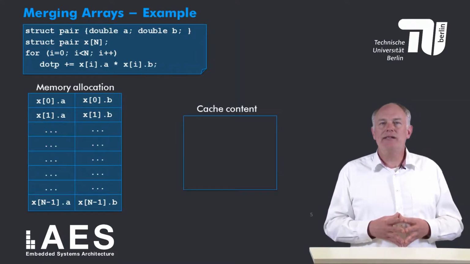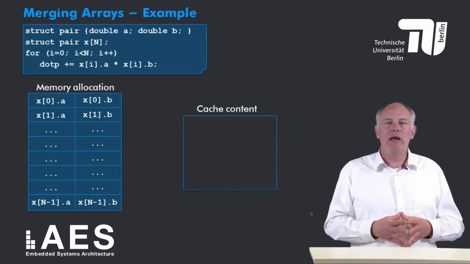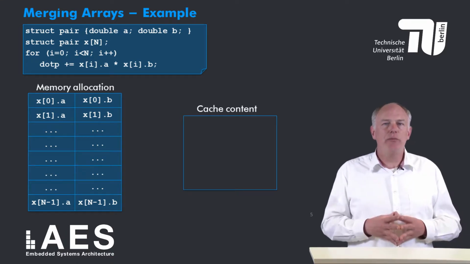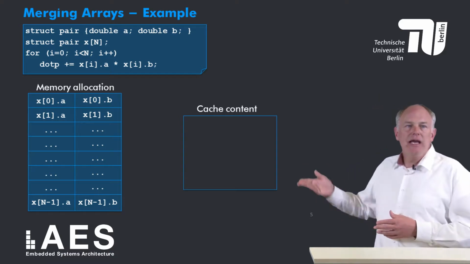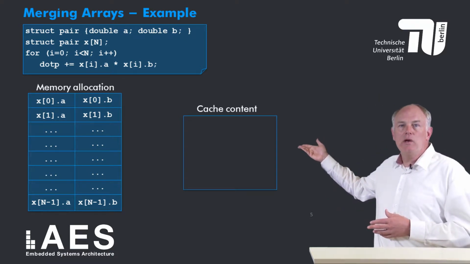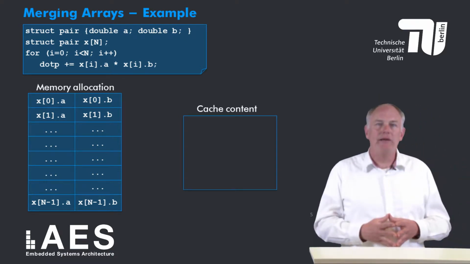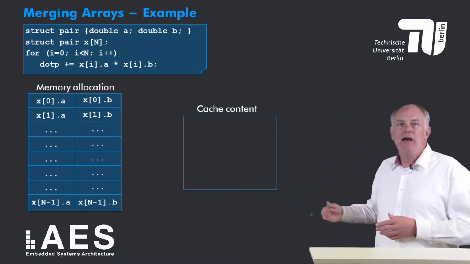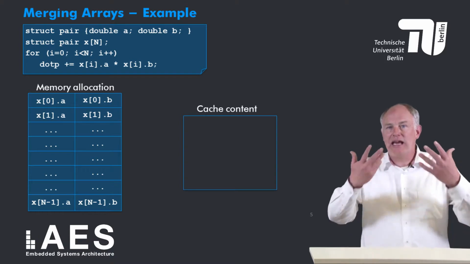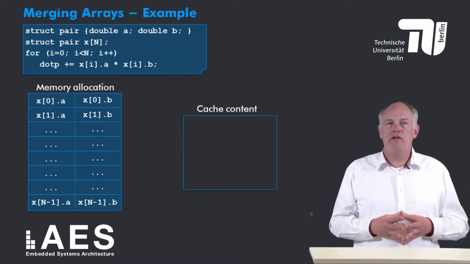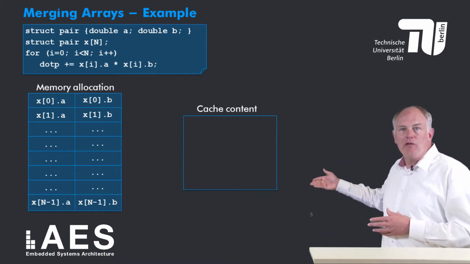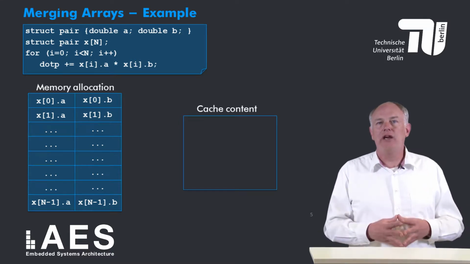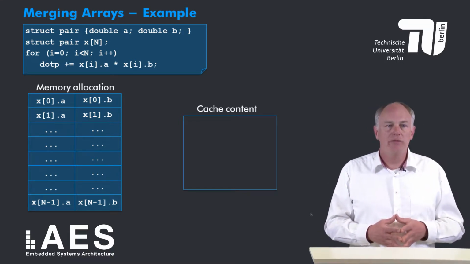How many cache hits will there be when we apply array merging? Let's look at the previous example again. Here at the top is the code after array merging has been applied, and the figure on the left shows the memory allocation, assuming again that a cache block consists of two double words, and in this figure on the right I will show the content of the cache after every access.